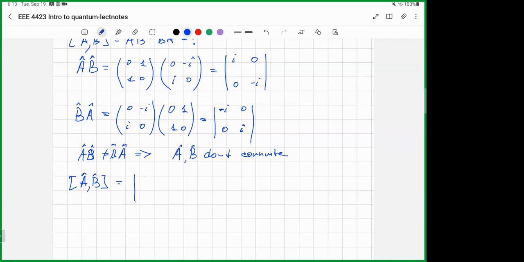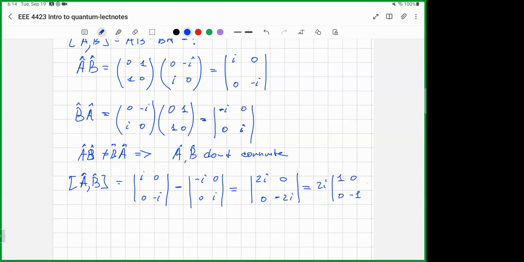So the first result was I on the diagonal, minus I, minus the second result, which has minus I, I. Okay, so it's going to be 2I, 0, 0, minus 2I, or 2I times the matrix 1, 0, 0, minus 1.